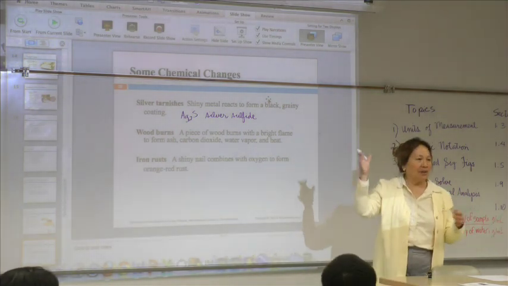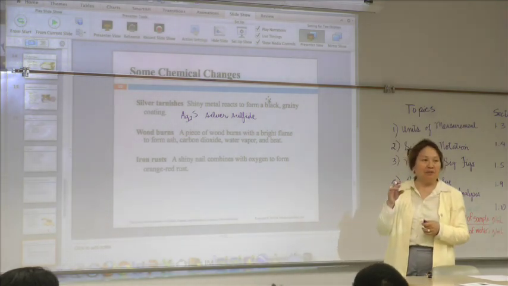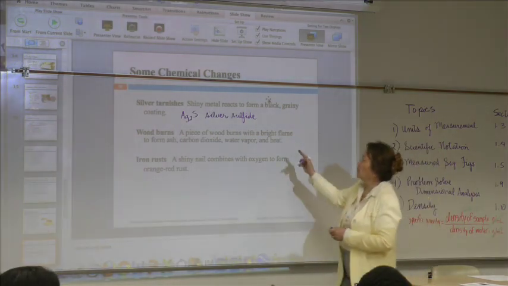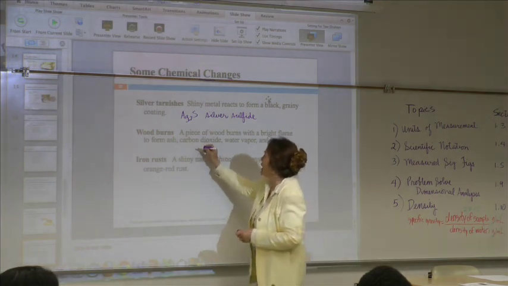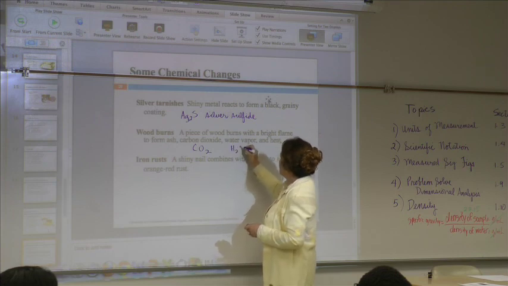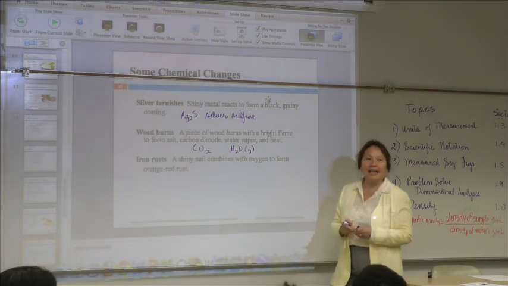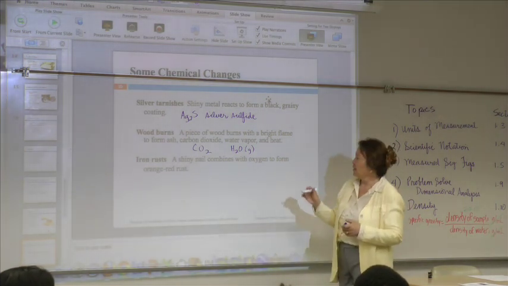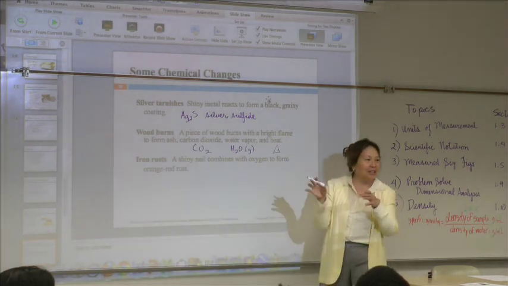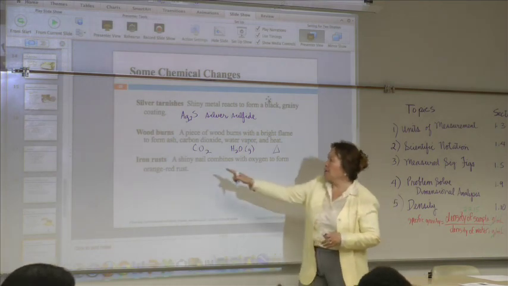So there's a lot of sulfur in our atmosphere in the form of sulfur dioxide. Wood burns, so therefore when wood burns, it forms carbon dioxide, CO2, water vapor, right? So when we say water vapor, we write it down as water and make it gas. And then of course heat, right? Normally, I like to write heat as a triangle, because when I write a reaction, I put heat and I put a triangle underneath.